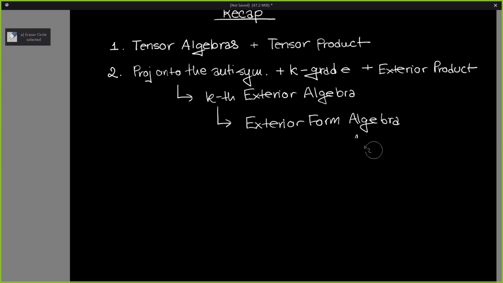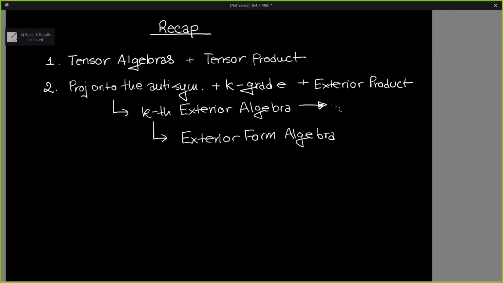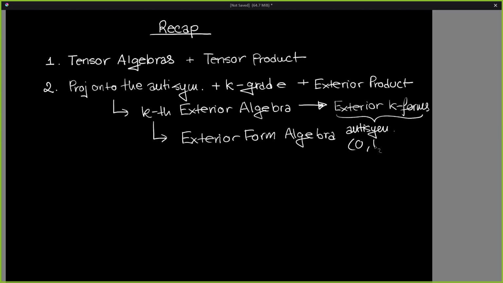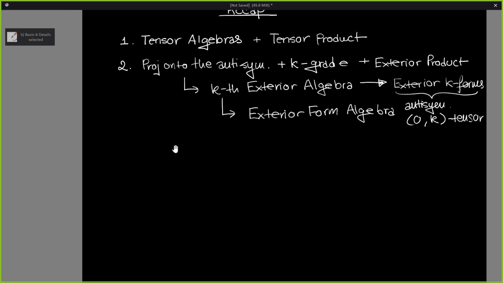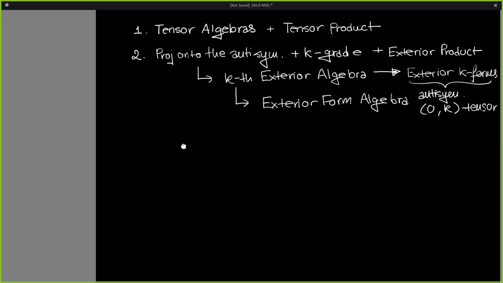The way you read this is that this is an antisymmetric 0k tensor, which will become a 0k tensor field when we go to the smooth section.